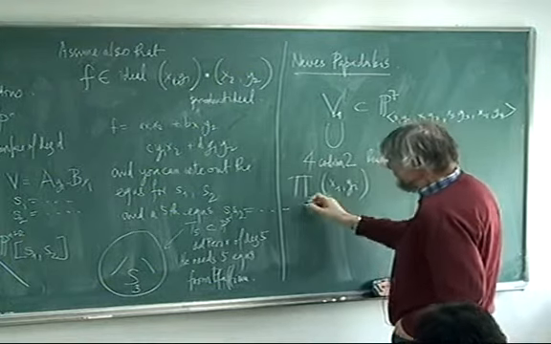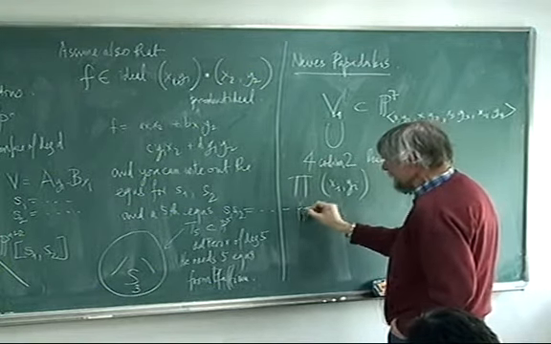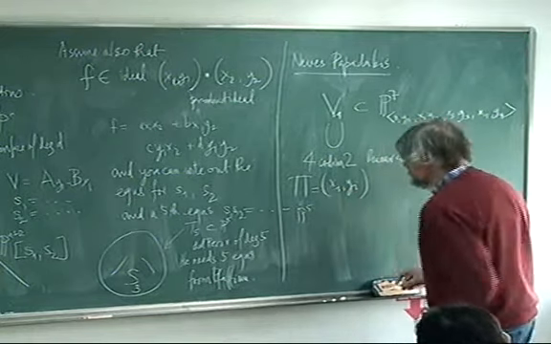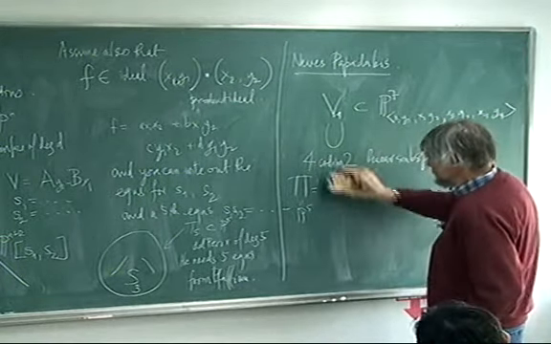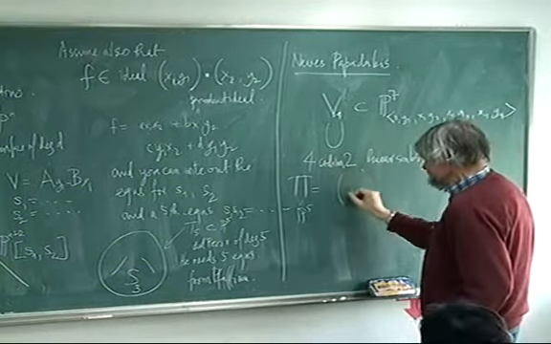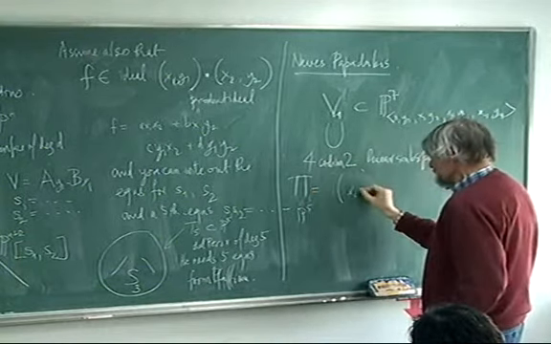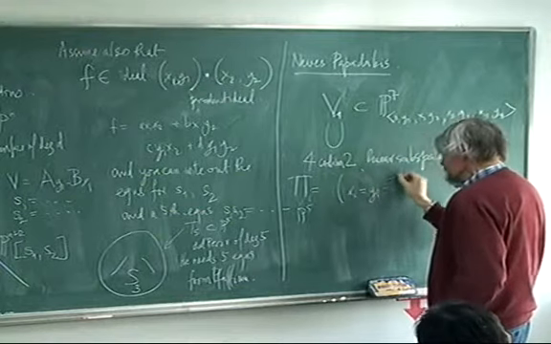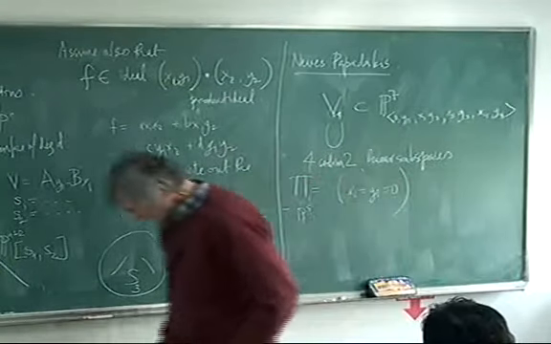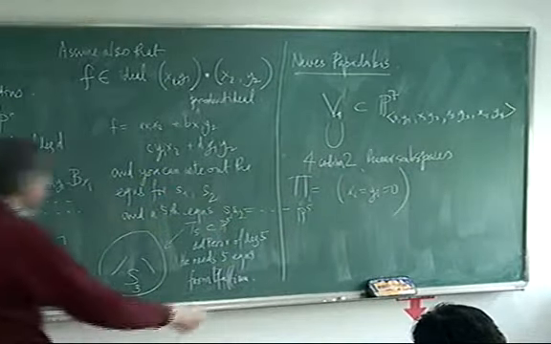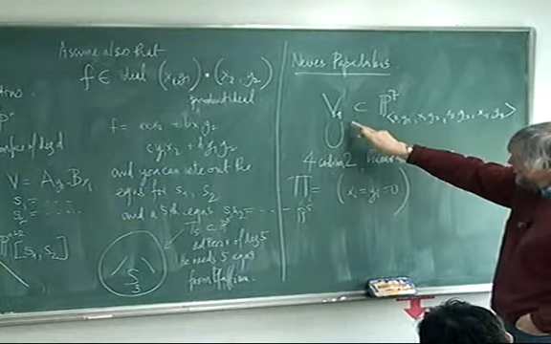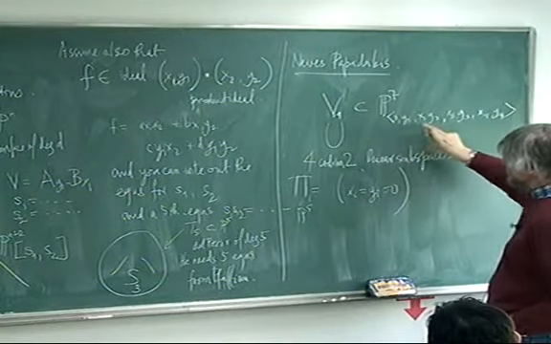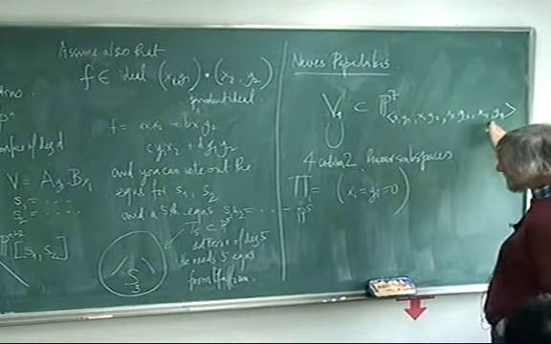Call this pi, this is P5. It is the variety of xi equals yi equals 0. And I want this V not just to be contained in the intersection of these 4 ideals, but in the product of the 4 ideals.